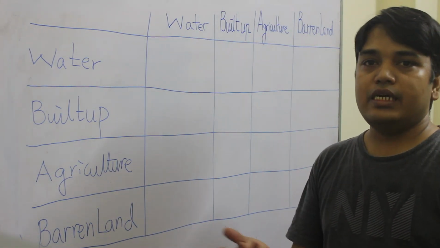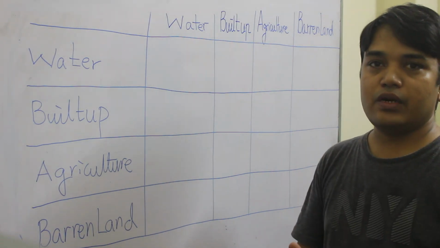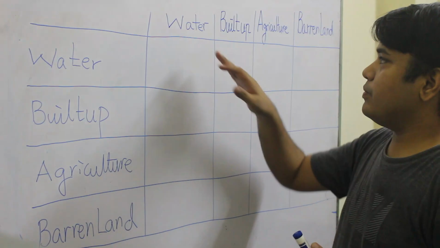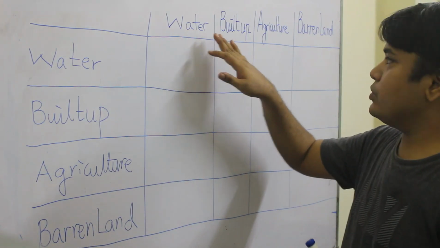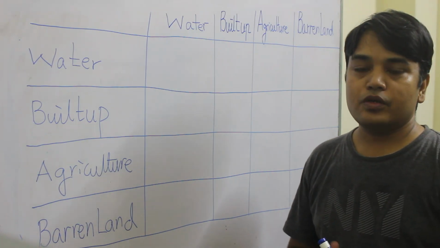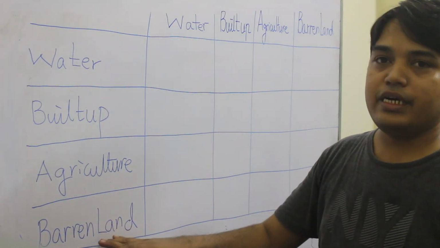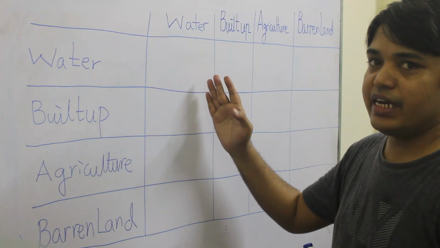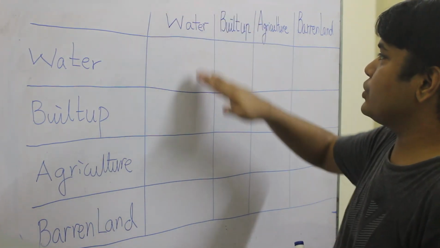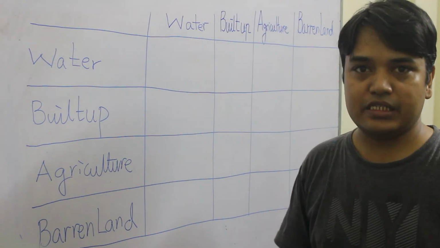You go to the site, select one specific location, and see what it is with respect to water, build-up, agriculture, or barren. The rows show the classified pixels, and the columns show the reference site pixels.